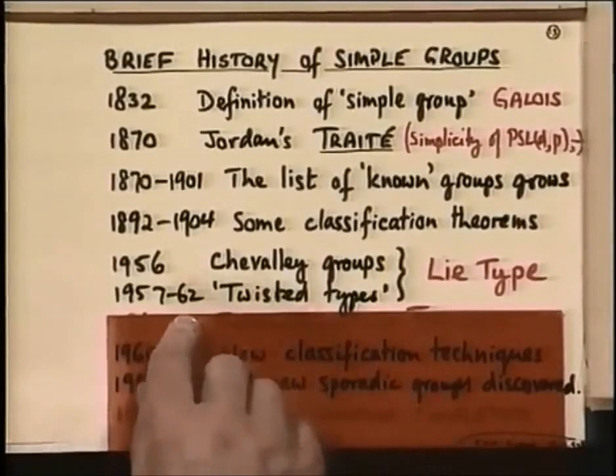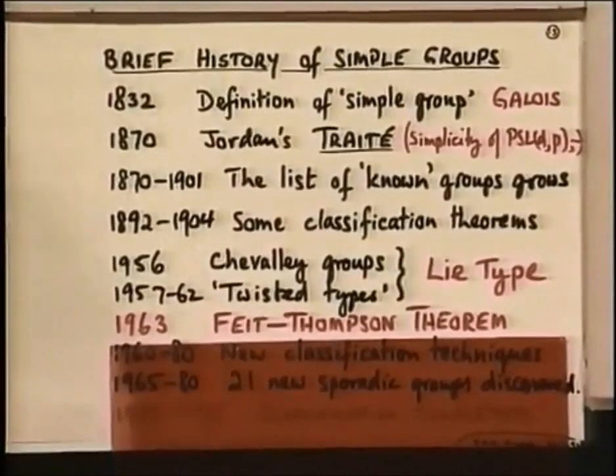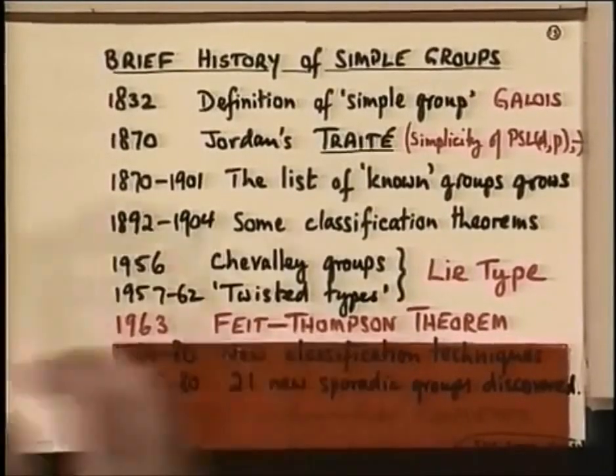And by 1962, that list of 16 families of groups of Lie type that I gave you before was complete. In 1963 came the first really great breakthrough when Walter Feit and John Thompson published a proof of what's now known as the Feit-Thompson theorem, which tells us that simple groups of odd order, simple groups with an odd number of elements, are just those that have a prime number of elements, the cyclic groups of prime order.